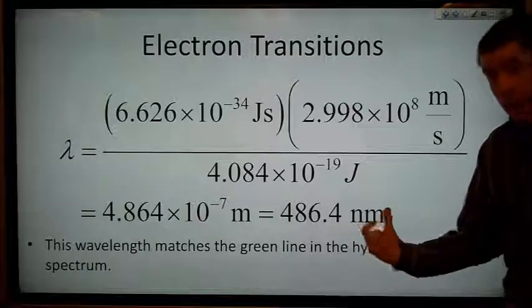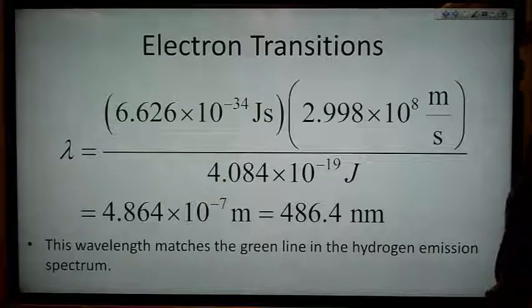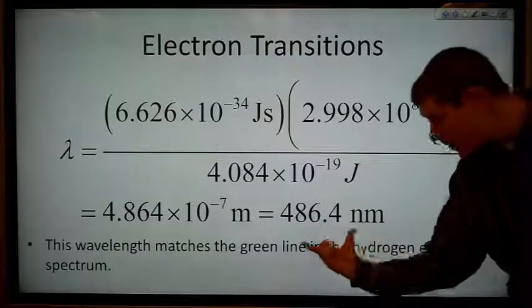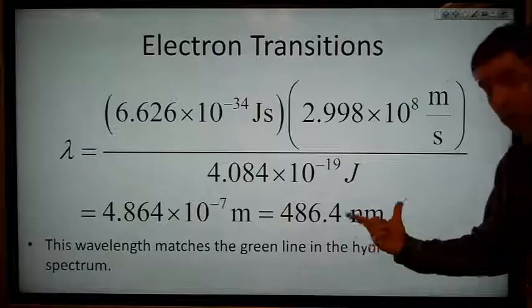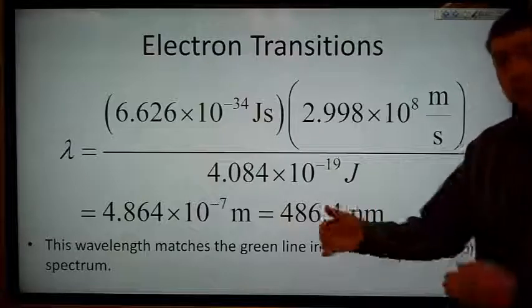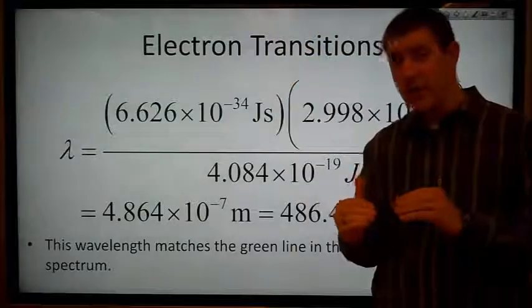Now that may be a value that seems familiar to you from the last video on the line spectrum of hydrogen. So this wavelength matches the green line in our hydrogen emission spectrum. So this is where that green line is coming from. It's from the transition from an electron in the fourth energy level down to the second.